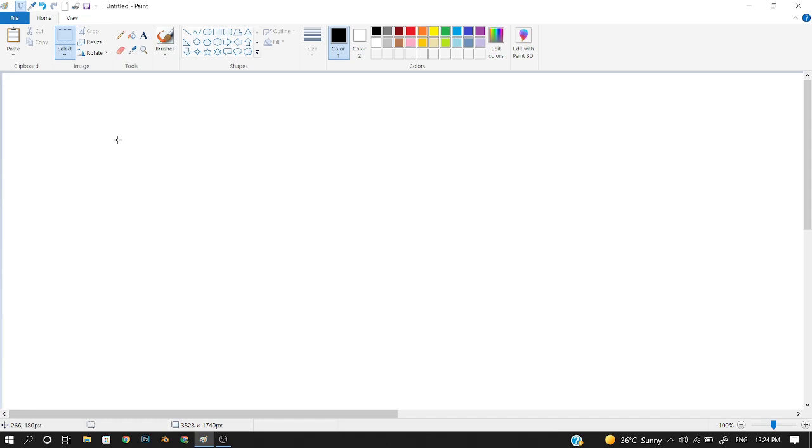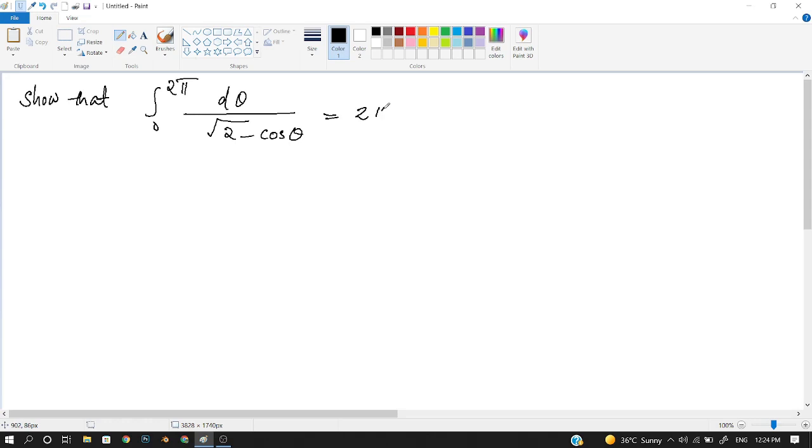Show that integral 0 to 2 pi d theta divided by root 2 minus cos theta is equal to 2 pi. Now this is of the form integral f of cos theta, sin theta d theta.